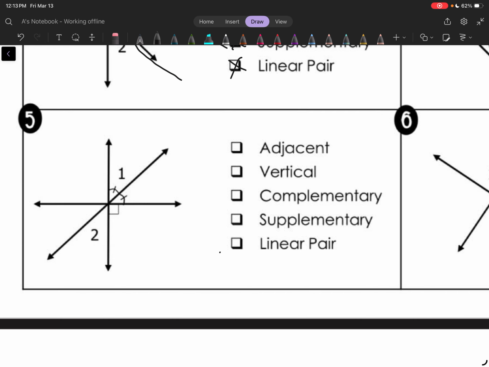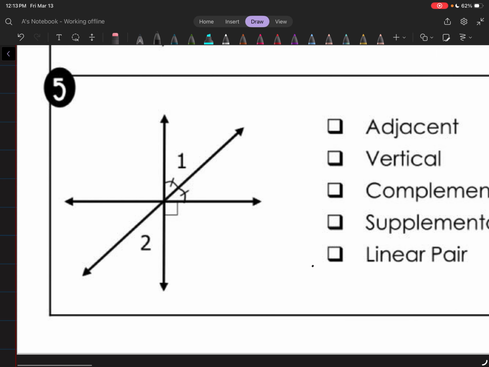Number 5. If we look at this intersection of two lines, I'm going to ignore what looks like the x-axis. 1 and 2 are across from one another, therefore they are vertical.